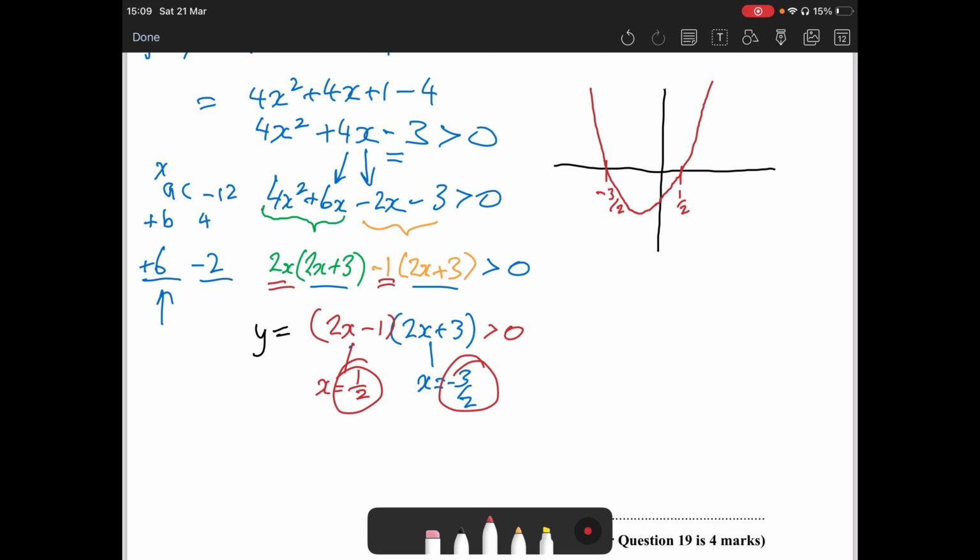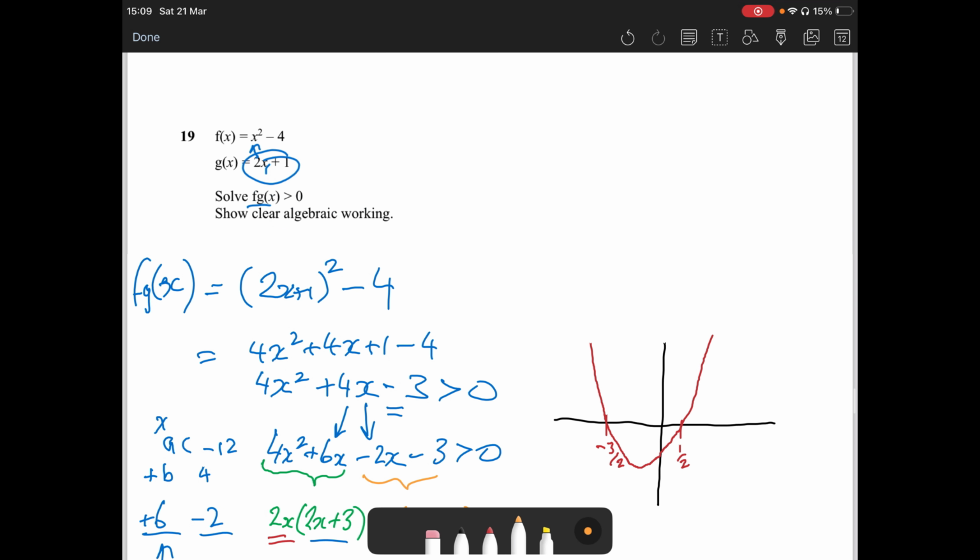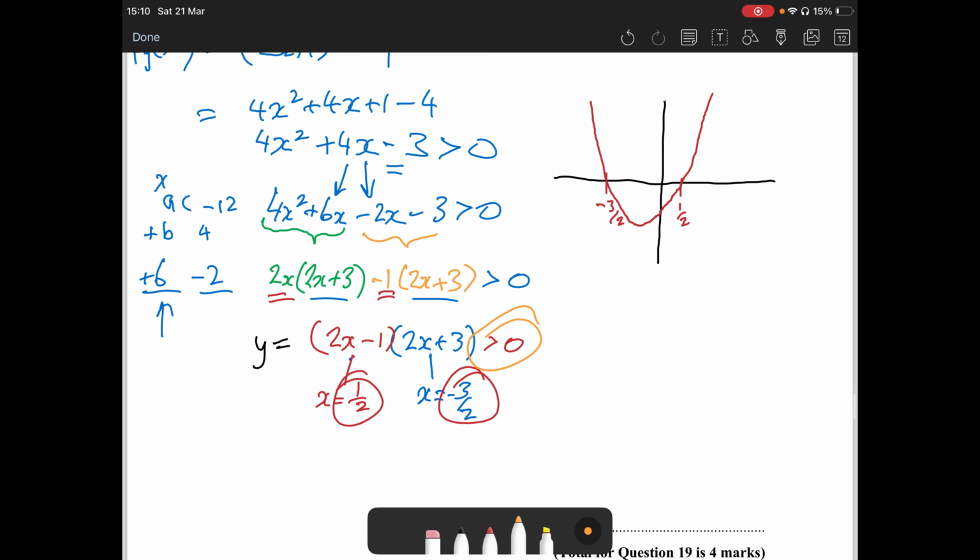And what we want to know is, when is this graph greater than 0? Well, it's greater than 0 here and here. Right? Now, these values of x are all less than minus 1.5.